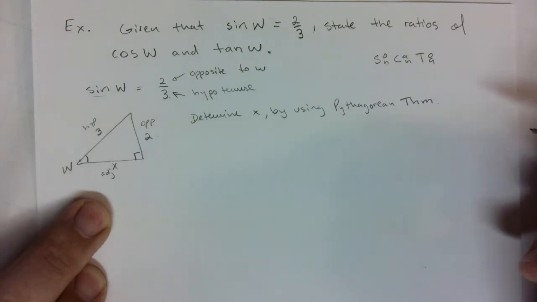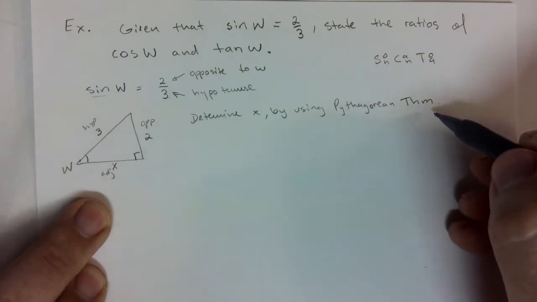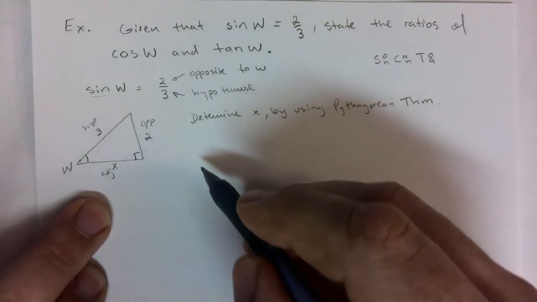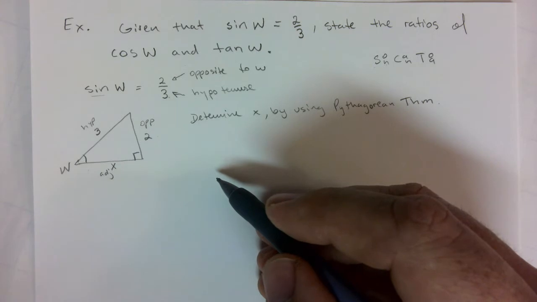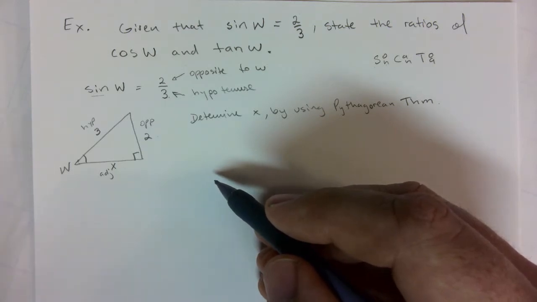Okay, we're going to use the Pythagorean theorem, which states that, you will probably scratch your head a little bit at my formula because you're so used to a squared plus b squared is c squared. I don't like that too much, because what if your hypotenuse happens to be labeled A, right? Then it's just going to completely throw you off.